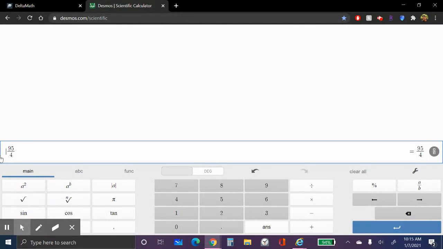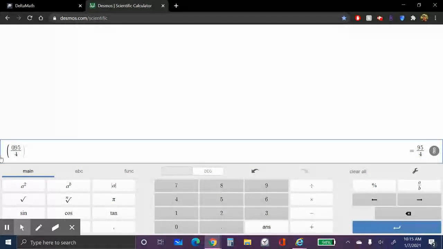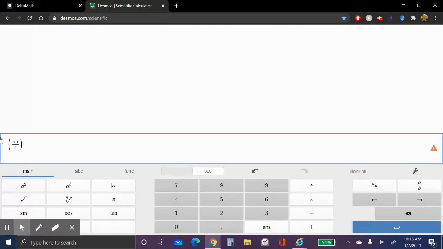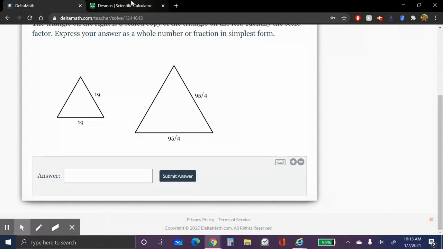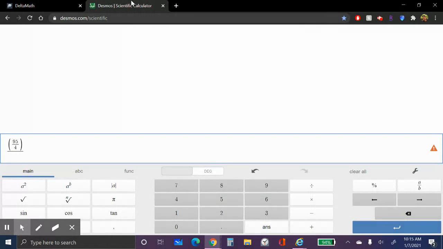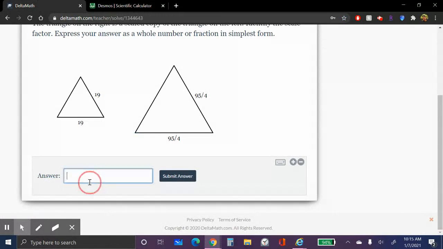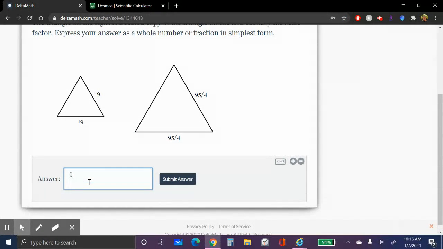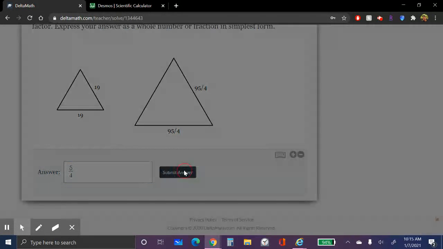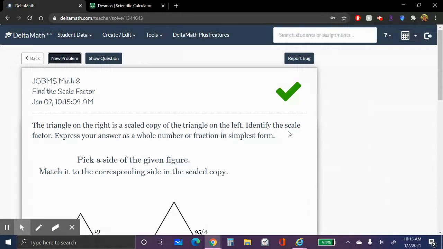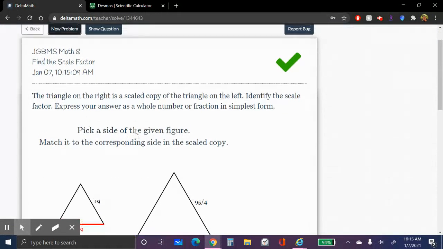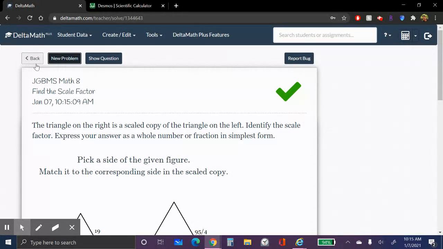I'm going to put that in parentheses and divide that all by 19. And you get 5/4. So that would be your scale factor. Awesome. We talked about finding the scale factor of a figure.